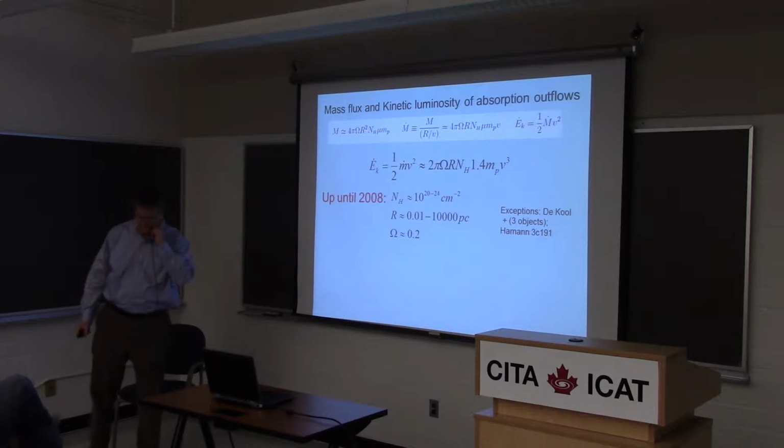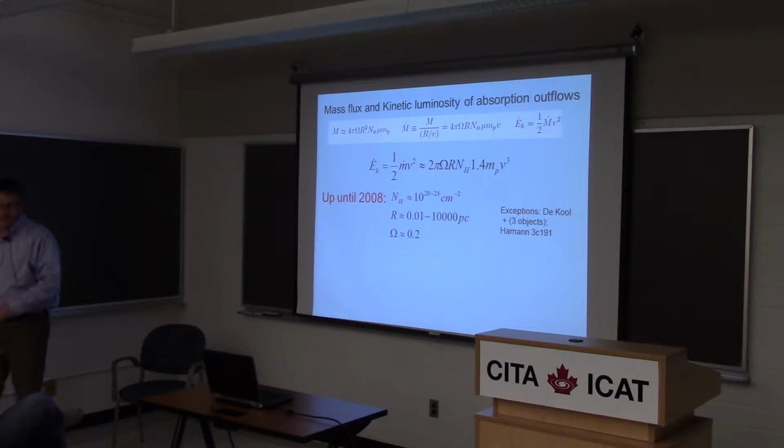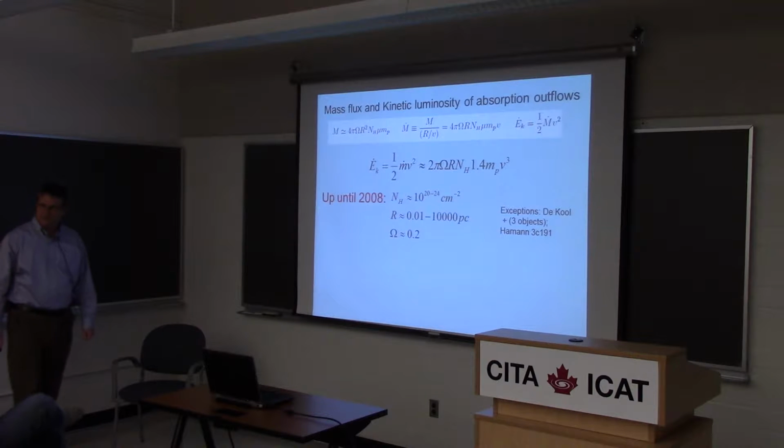So here's the situation up until about 2008. In the same objects, people had claimed that the column density differed by 4 orders of magnitude. Now, even in astronomical terms, this is too inaccurate. The radius is also different.